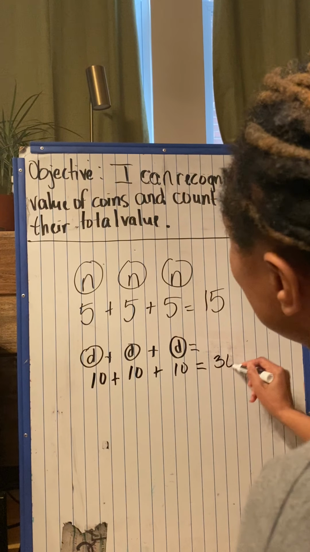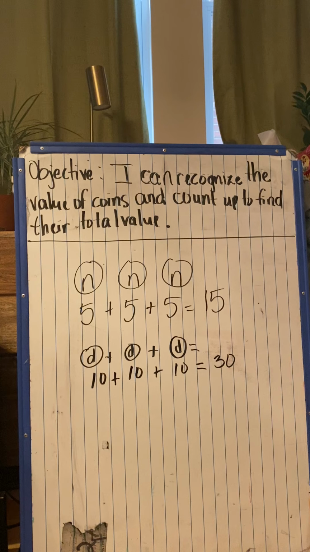Yep, if you wrote 10 plus 10 plus 10 equals 30, you're exactly correct. What coin do each of the 10s represent in our number sentence? Yes, a dime.